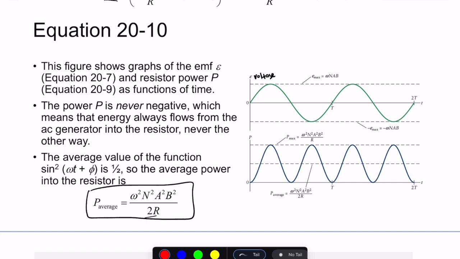But the power, since it's squared, you're only going to get positive values. And that makes sense because power is proportional to energy, and we don't have negative energy. We haven't discovered that yet. Energy is always positive. You can have changes in energy as negative, right? You can have a delta U as negative, but U in general is not negative.